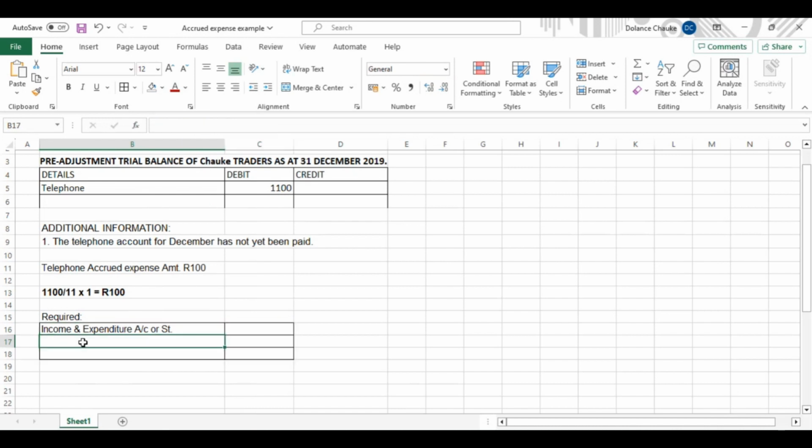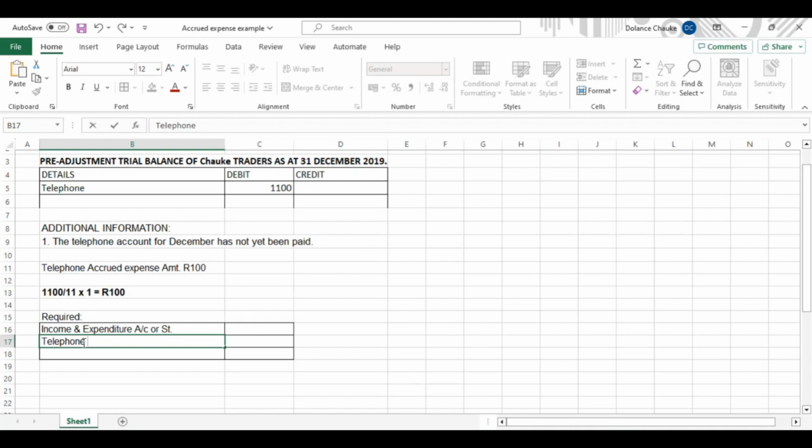Under expenses, you're going to say telephone. Remember, in the income and expenditure, you are going to record the total expenses for the current year.